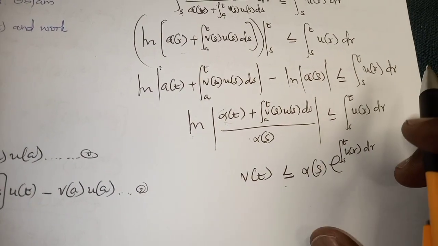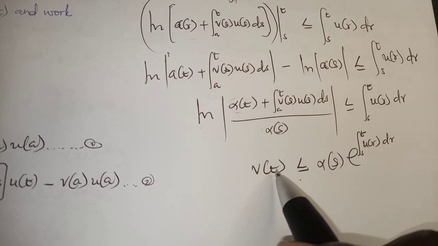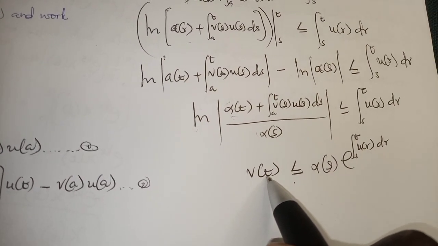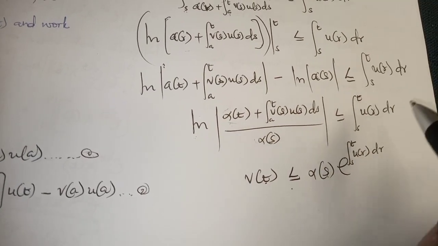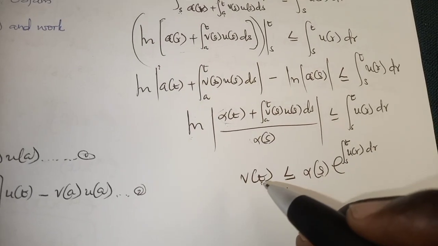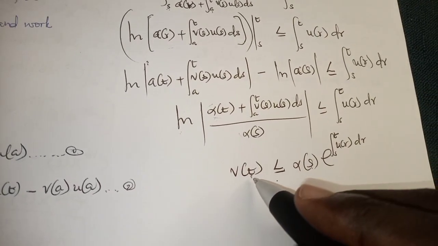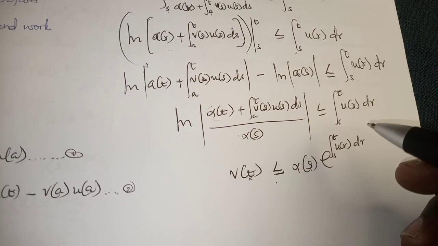Okay. Now since t and s are all independent variables, just that we use different independent variables to represent them, we could change the t to s.